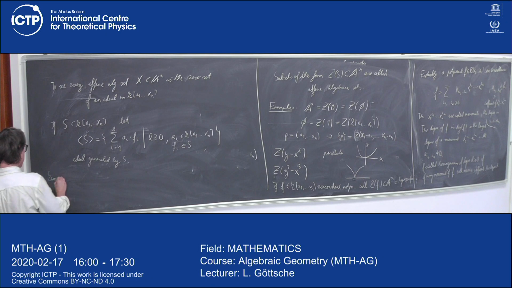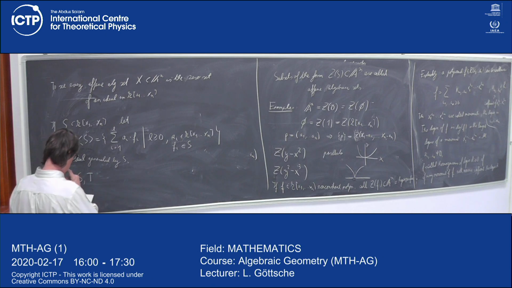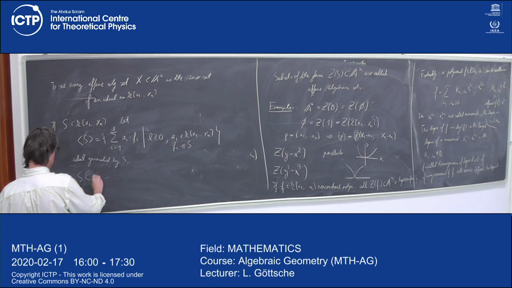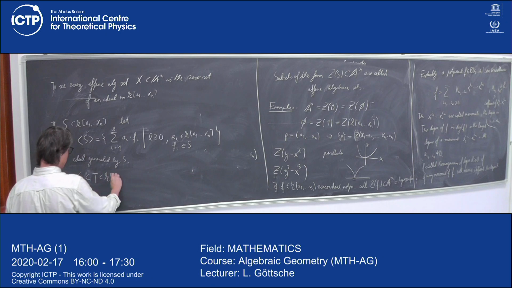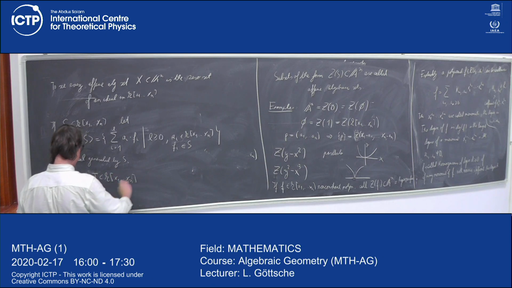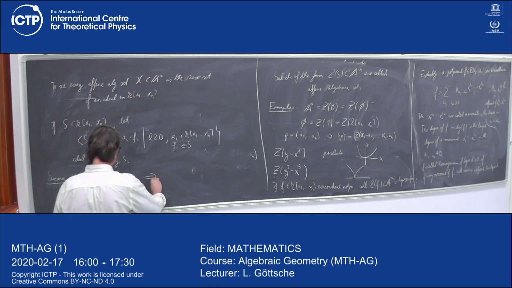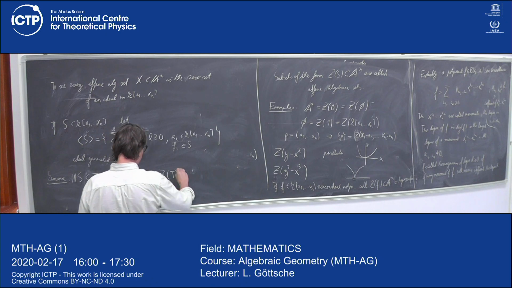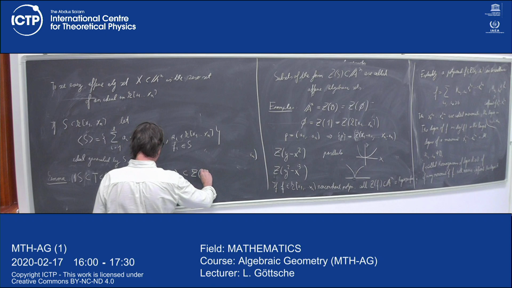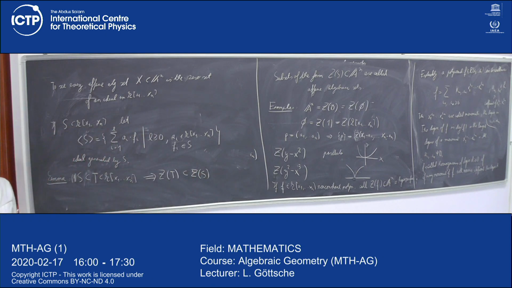So, lemma. The first statement is: if I take S and T, so let's say S is contained in T in k[x1, ..., xn], then the zero set of T is contained in the zero set of S. And this is completely obvious if you think of it, because the zero set means a point where all these polynomials vanish.